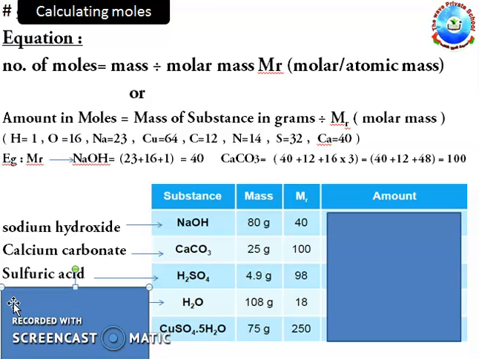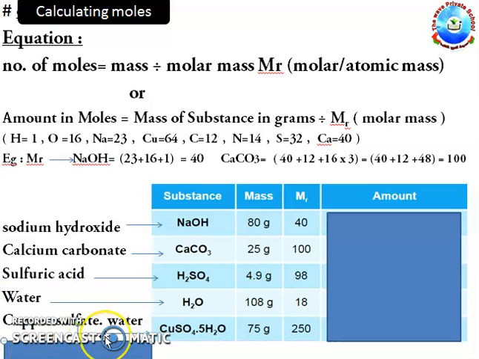CuSO4 and 5H2O. Cu is copper and SO4 is sulfate. So which substance is it? It is copper sulfate. Got it? Very good. Now let us proceed with the numerical.